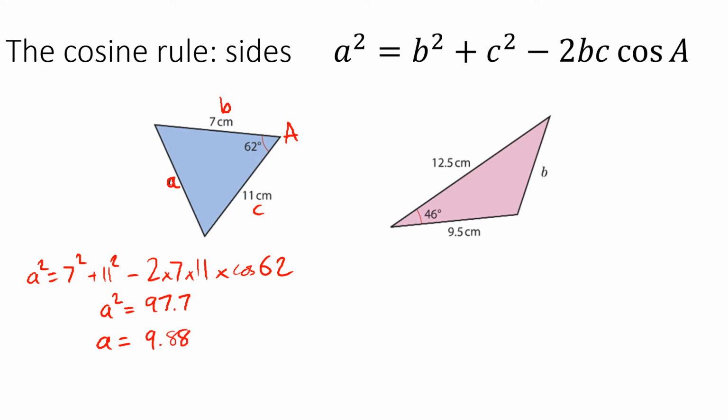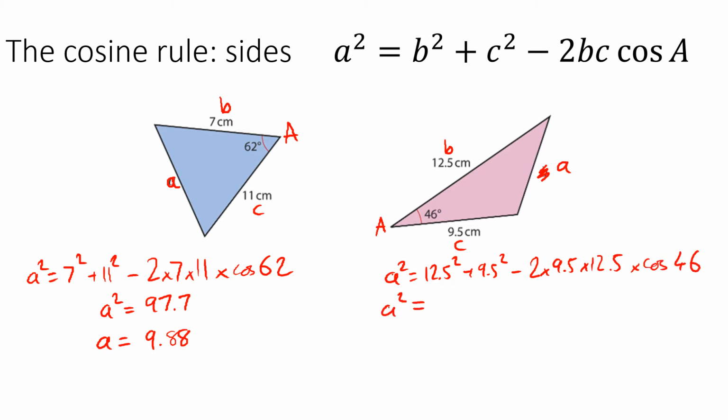Same thing for the second one. I would try and get in the habit of scribbling out whatever letter they give things and saying the side you're trying to find is always A, because then the formula will make more sense. If you call that B, then you have to relabel everything and the formula doesn't work anymore. So the side we're trying to find is A, that's our B, that's our C, that's our angle A. So A squared is equal to 12.5 squared this time, plus 9.5 squared, minus 2 times 9.5 times 12.5 times cos 46.